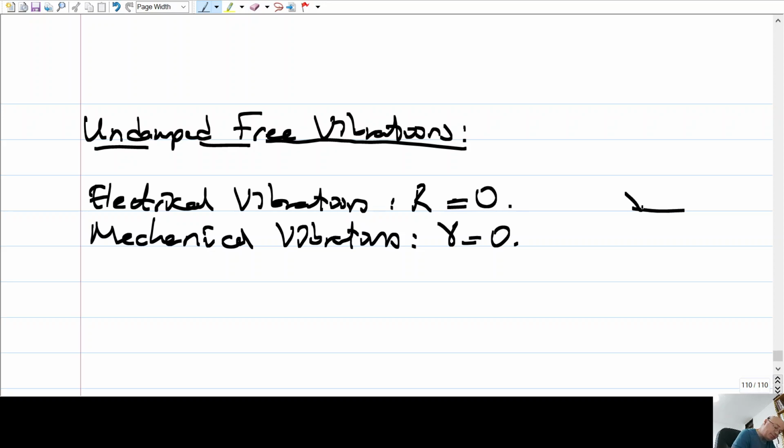We have a spring, and the mass is just moving up and down, and there is no external force acting on this object.